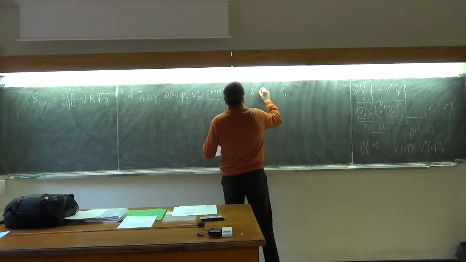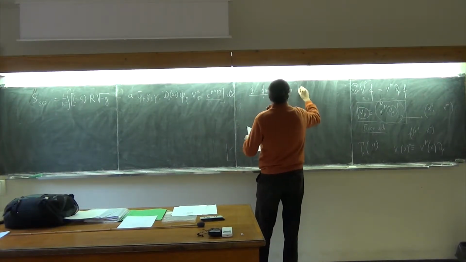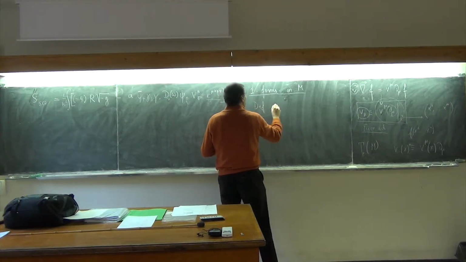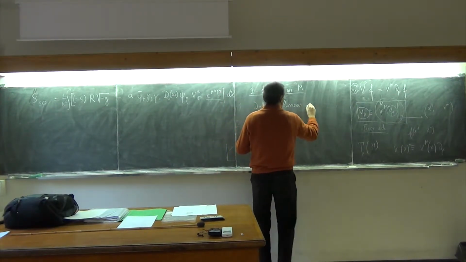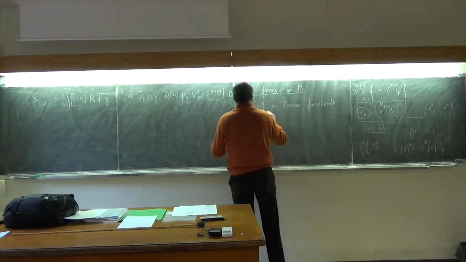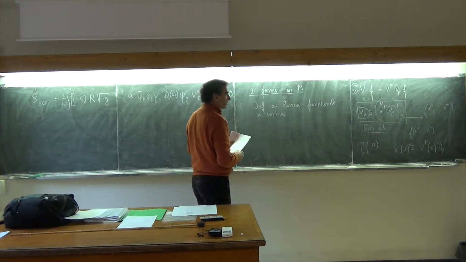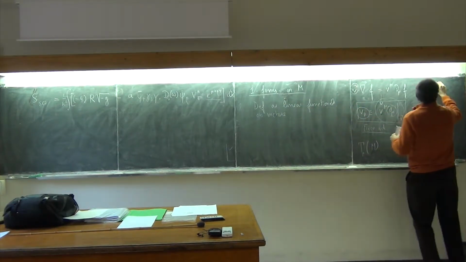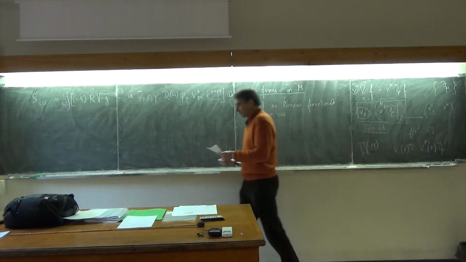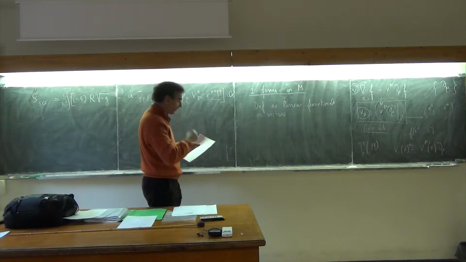I will introduce one-forms on M. One-forms on M are defined as linear functionals on vectors. Linear functionals on these vectors. I remind you that the basis for these tangent vectors is given by the partial derivatives.